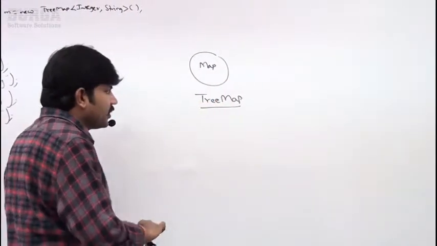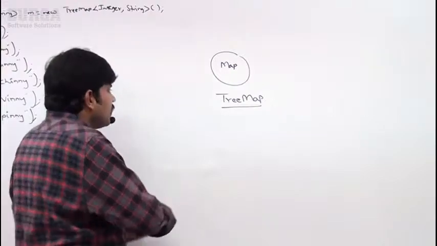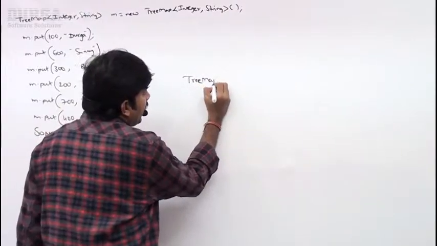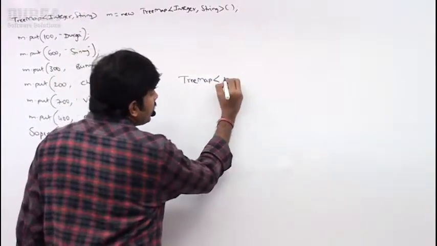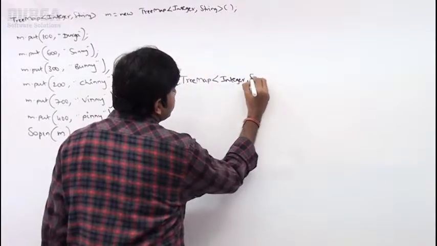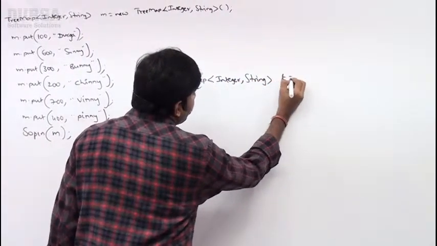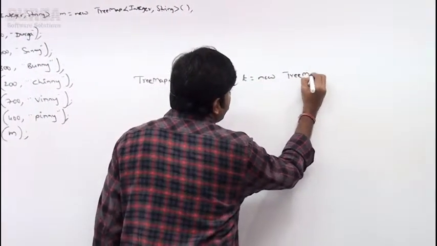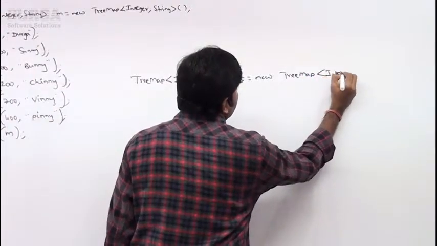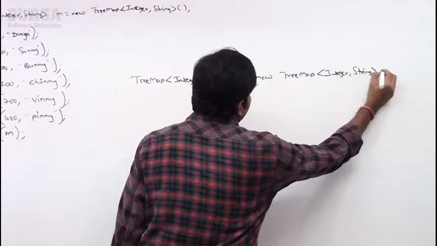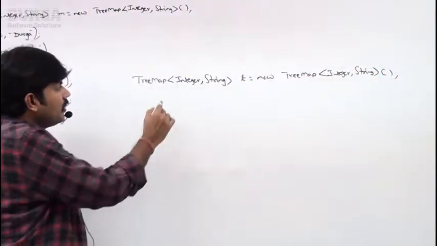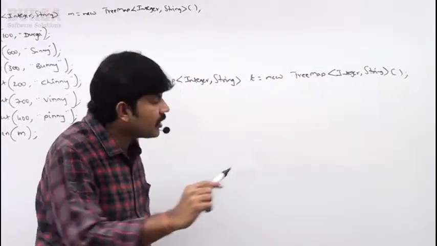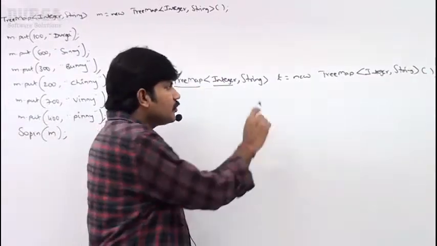Now my question is how to create a TreeMap object. Observe carefully. I'm taking TreeMap of Integer comma String: T is equal to new TreeMap of Integer comma String. This TreeMap can hold key-values where the key is Integer type and the value is String type.